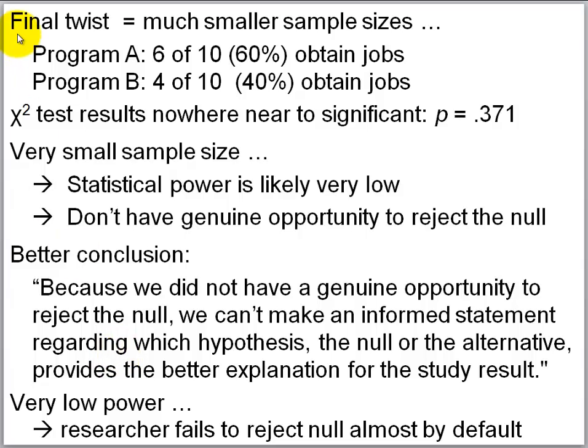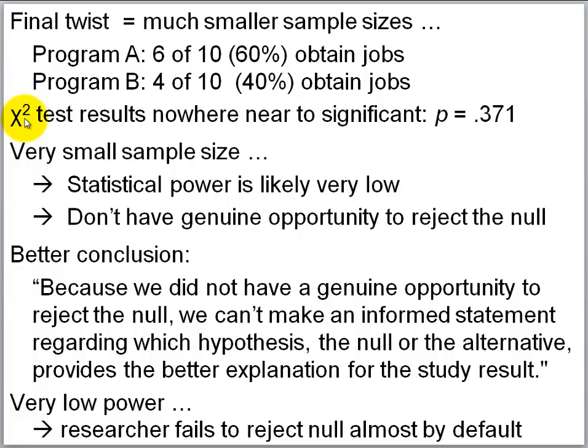Let's put one final twist on our results. Let's presume that we carry out this study with much smaller sample sizes. Not with 50 in each group, but rather with 10 in each group. And we'll keep the percentages the same. Now in this situation, the chi-square test results are nowhere near to being significant.